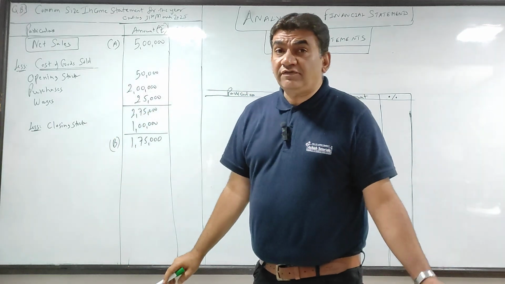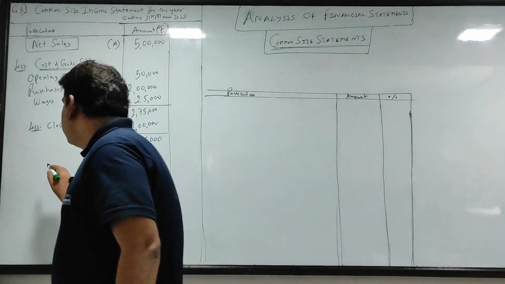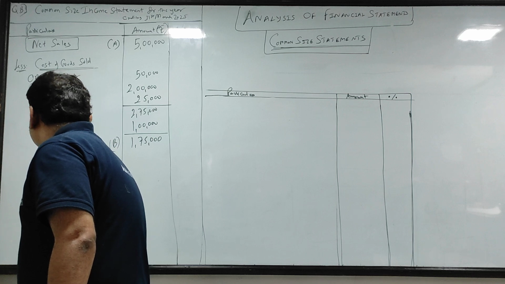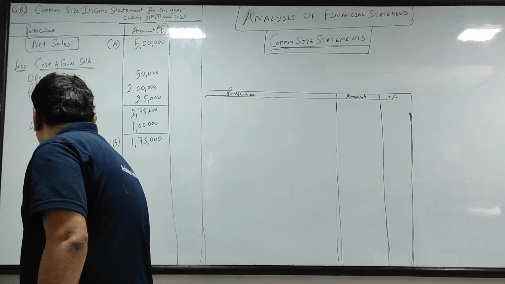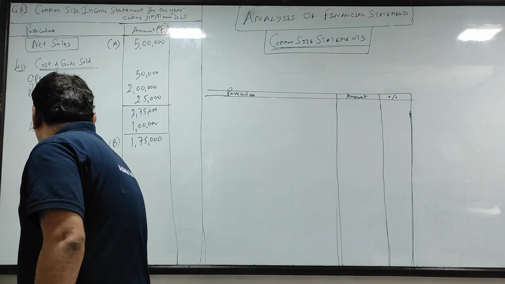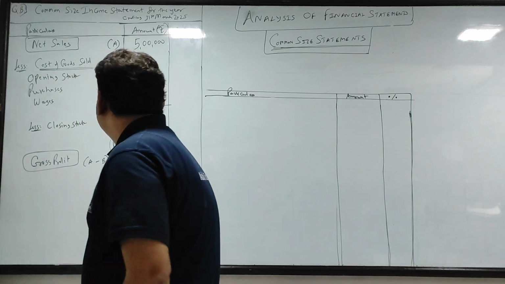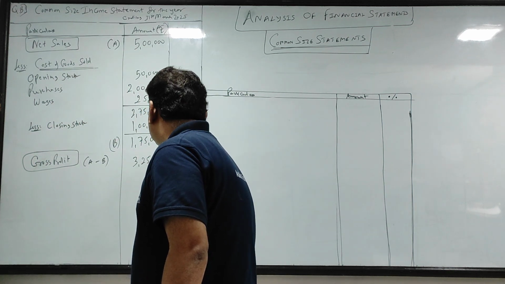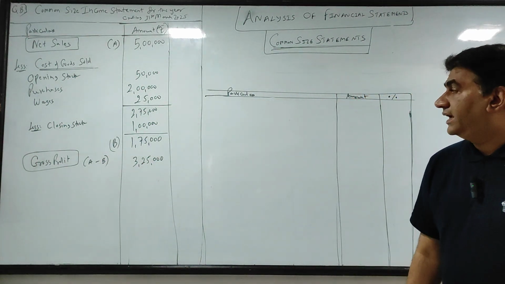Because what is gross profit? Net sales minus COGS. So now write gross profit, make a box, A minus B. So 5 lakh minus 175 gives you 325.